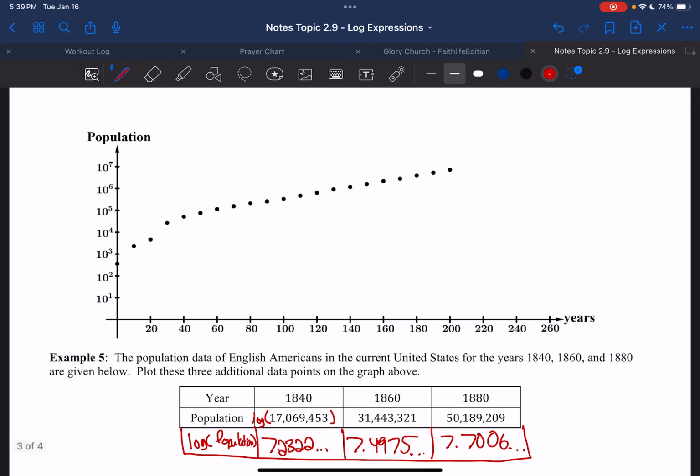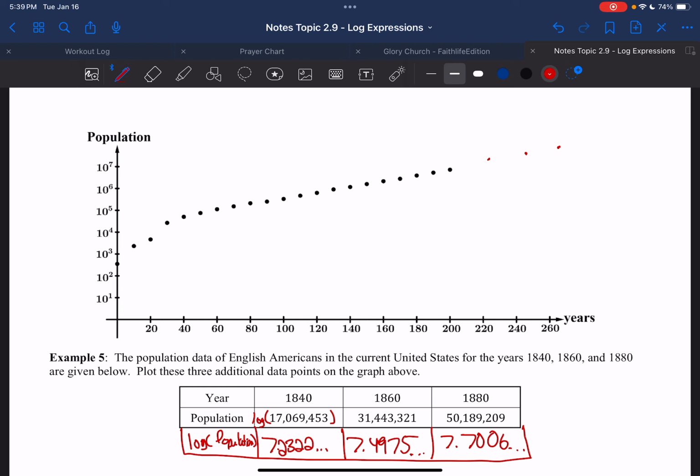So roughly for 220, I'm right here, somewhere in this ballpark. Once again, the answer key is going to have better points. I'm just quickly doing this off the top of my head.